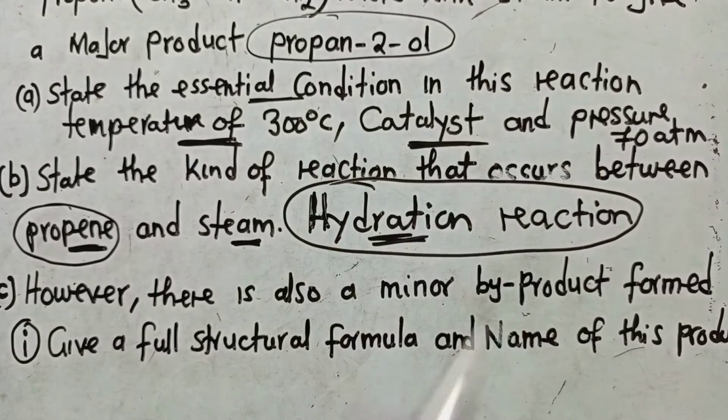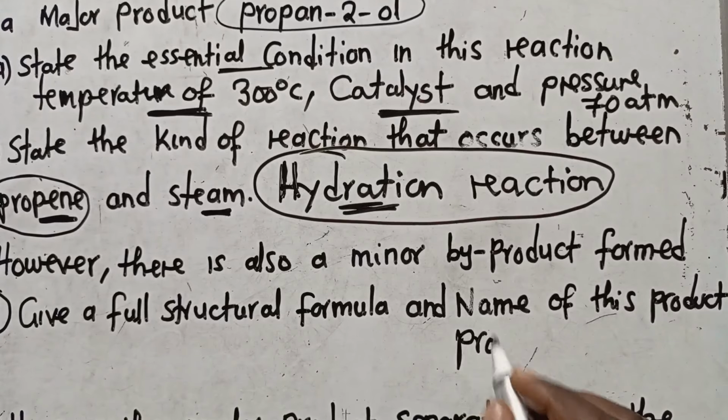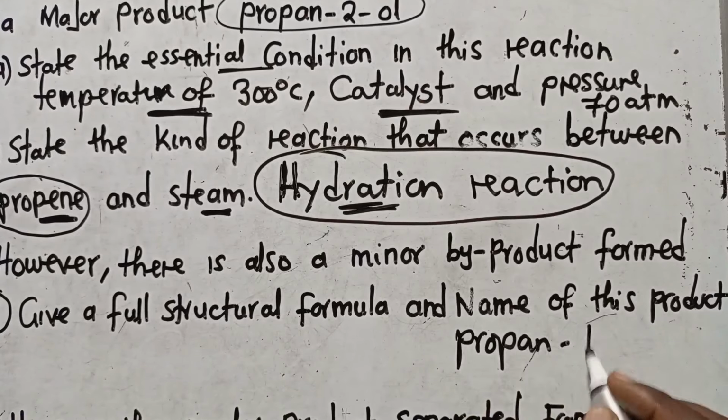But for the minor one, we are told to give the full structural formula and name of this product. The name of that product is propan-1-ol. This is the minor product that is going to be formed.